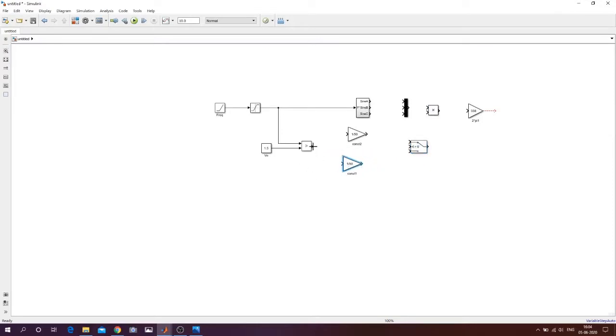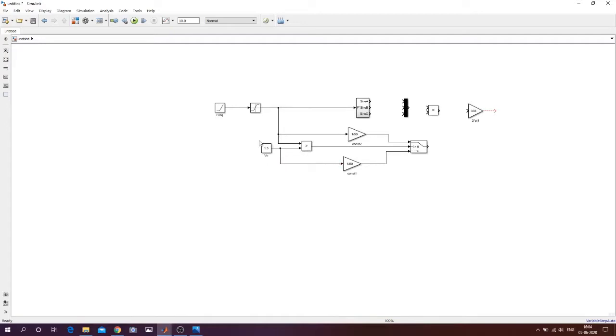Now this is the logic: whenever this frequency is greater than this one, then this portion will go, and whenever it is lesser than this one, then this portion will go.